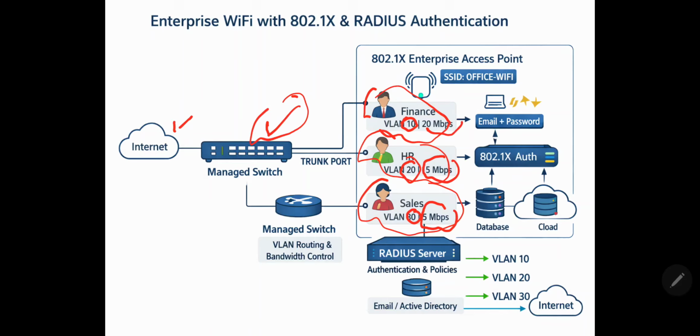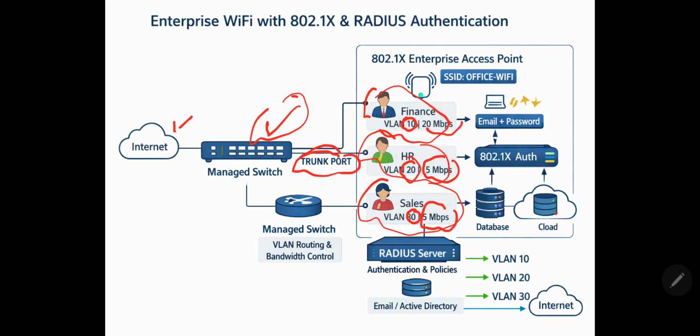Trunk port, or main data highway. You can see the trunk port here. The connection between the switch and the access point is a trunk port. A trunk port carries multiple VLANs, numbers 10, 20, and 30, through one cable.